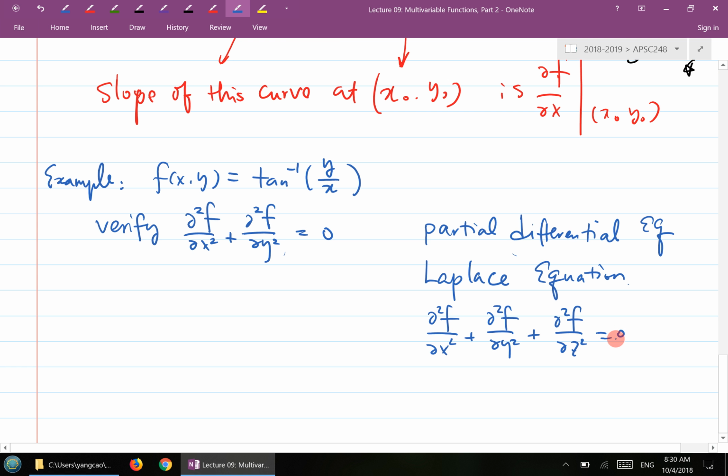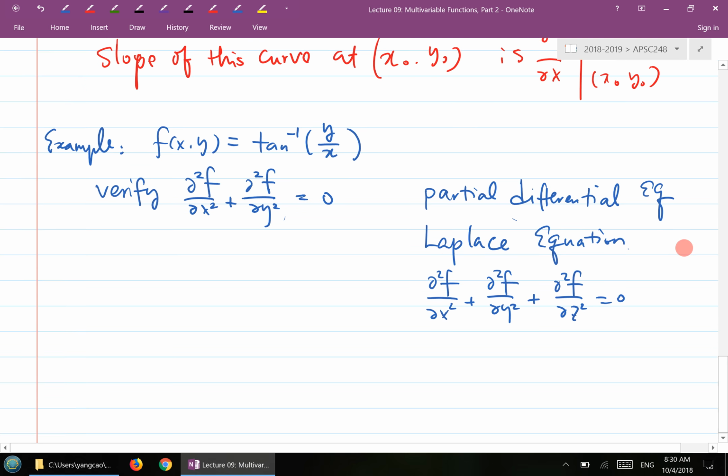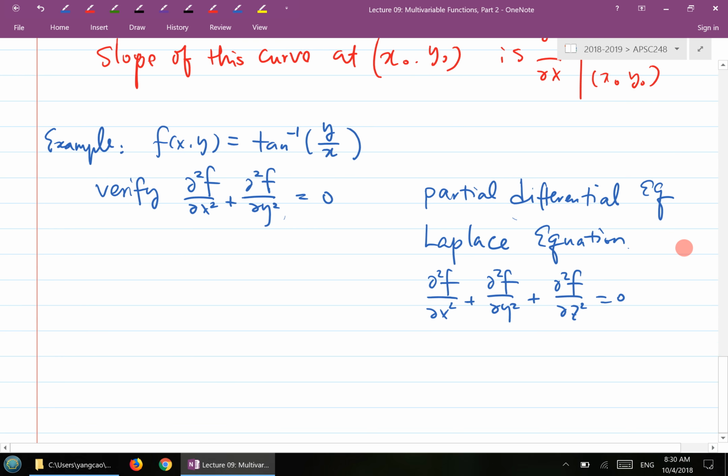It's a very common equation in heat transfer. In our case, I'm not going to show you how to solve this analytically. We're just trying to verify this answer.